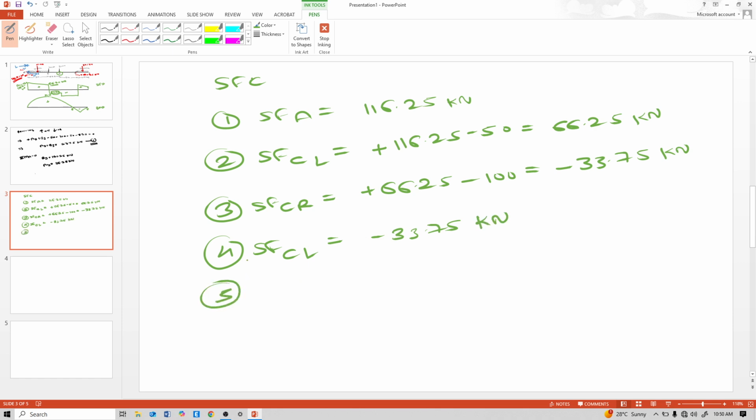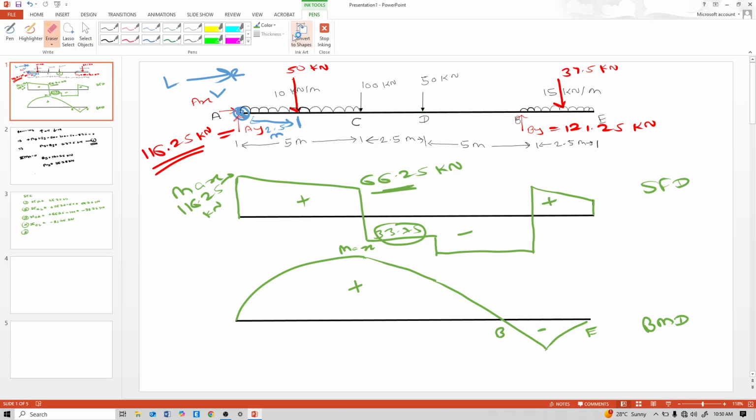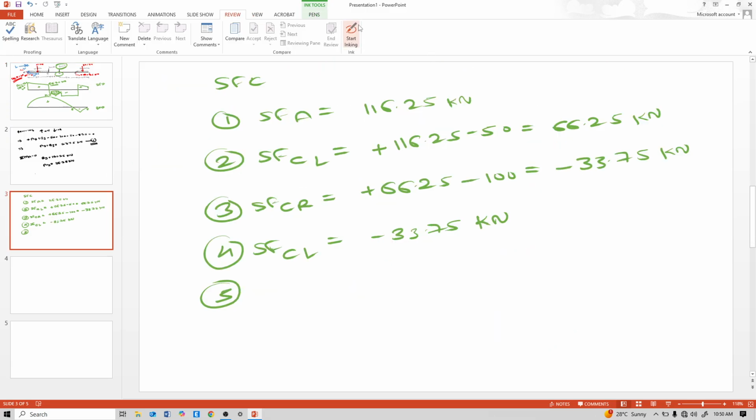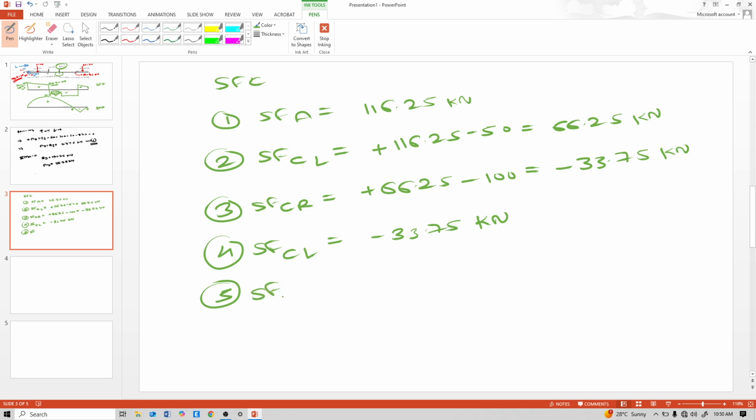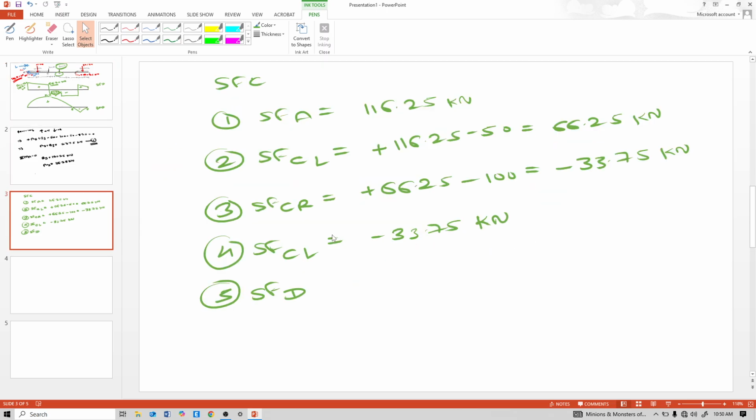Now again see this D point, and just right of that D point, the shear force. So at D this 33.75 is also there, but see this 50 kilonewton is downward, negative. So minus 33.75 minus 50. Shear force at D, just right.